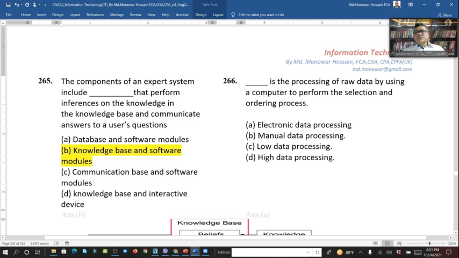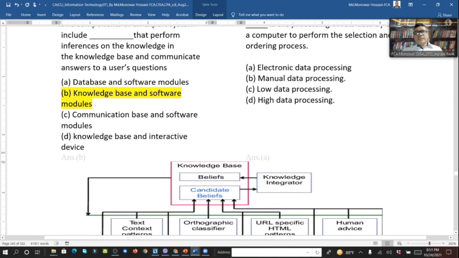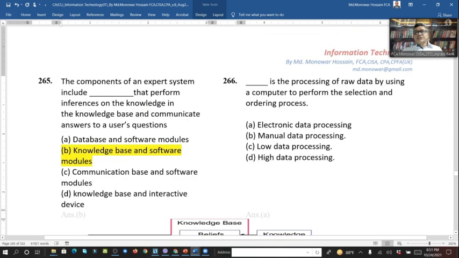Dash is the processing of raw data by using a computer to perform the selection and ordering process. So here, electronic data processing. Electronic data processing is the processing of raw data by using a computer to perform the selection and ordering process.